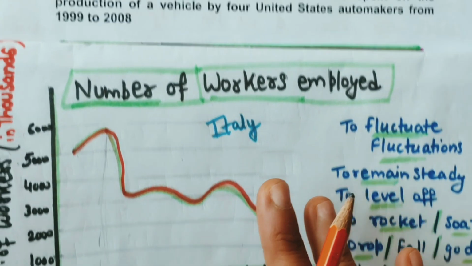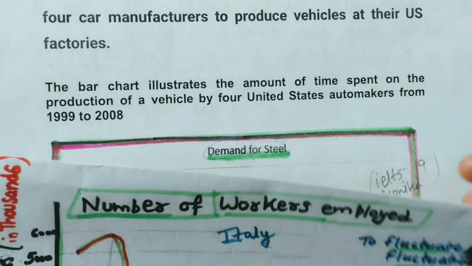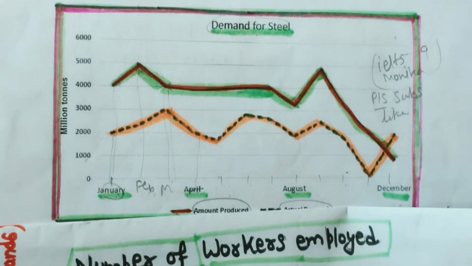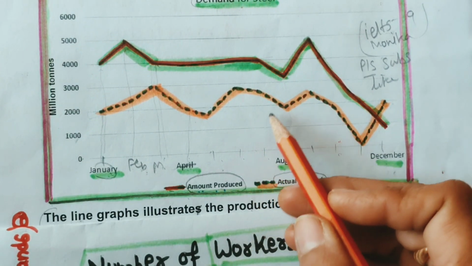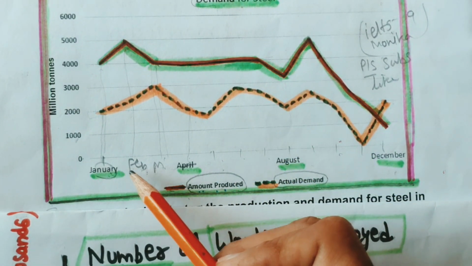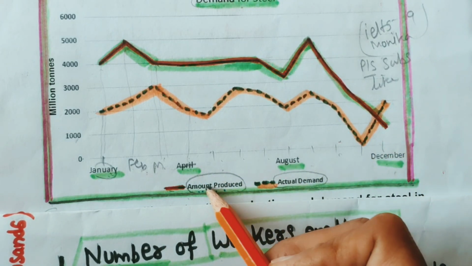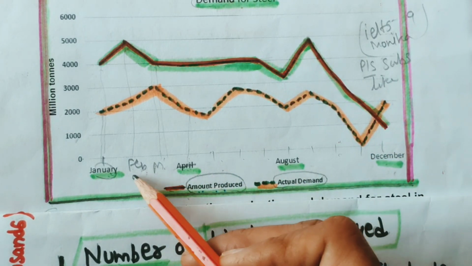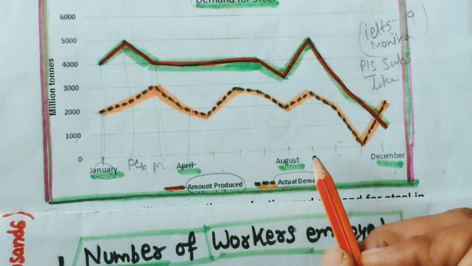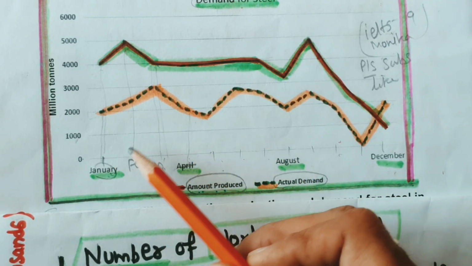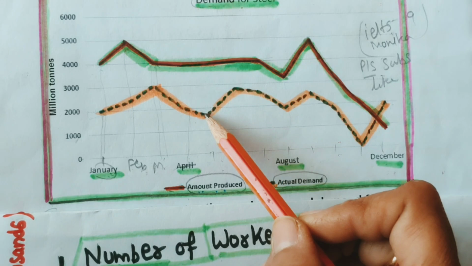Okay, so we have analyzed these two diagrams. Now we will write. We will write according to categories, or if you want you can write month wise, but there are many months. So we will write category wise by taking some months, not every month, only the important ones where the curves are moving like that.